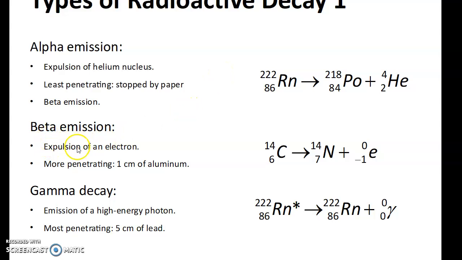Now, the beta emission is the expulsion of an electron. And so you'll see that you don't have a change here. You do have a change down here. So there's no change in this right here, but there is a change in terms of electrons. This changes to a higher number here, so it's short 1 electron.